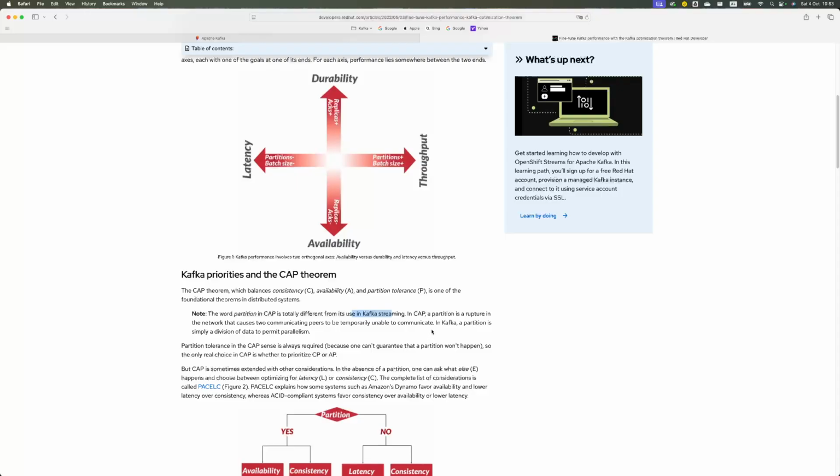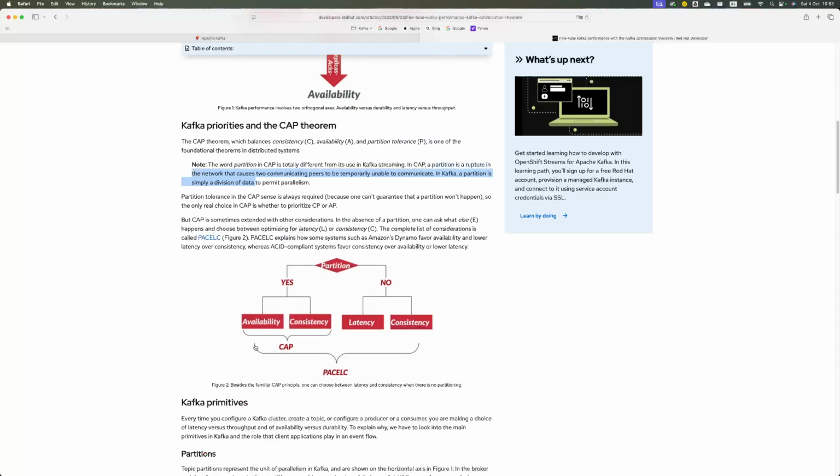Here, partition means a rupture in the network, which means we have communication between two parts, and for some time we have a rupture, and we need to know how we can live with this. So basically we have this kind of thinking.